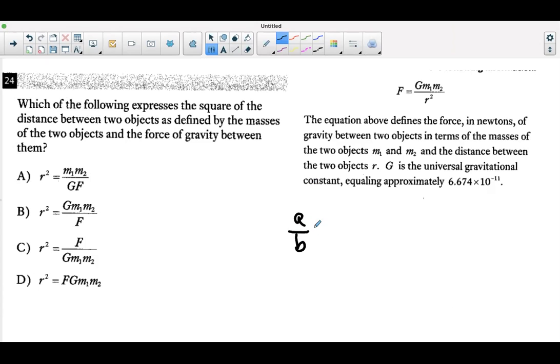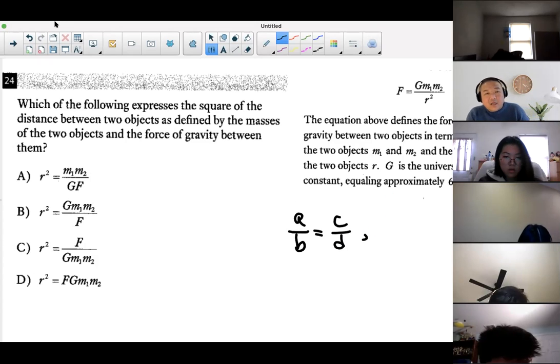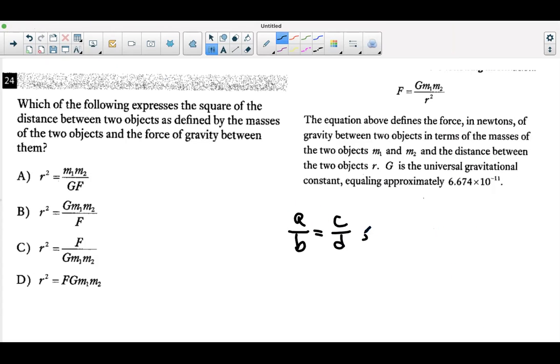If I have a over b is equal to c over d, what kind of operation do we usually do in these kind of cases? We do the cross multiplication, don't we? But did you realize that not only doing the cross multiplication, we can do cross exchange? Meaning in this case, I can swap diagonally.